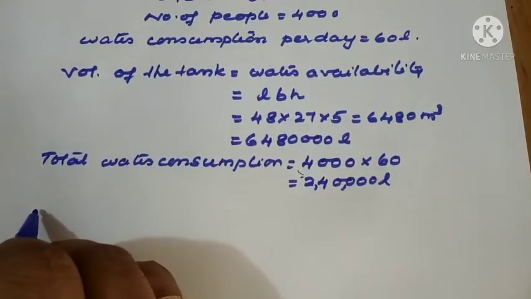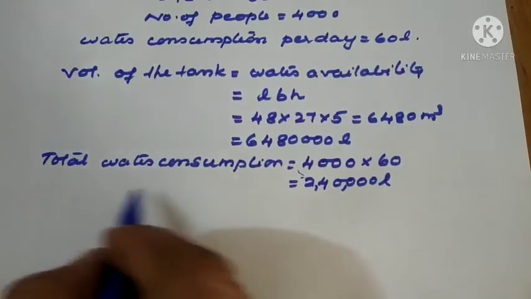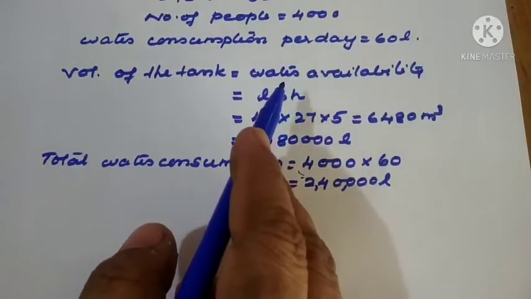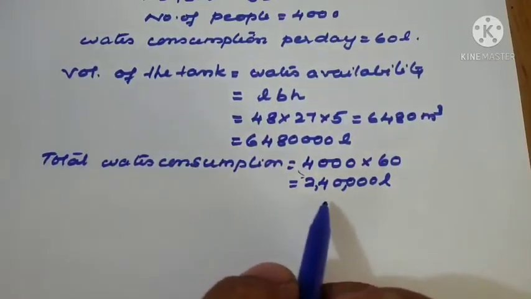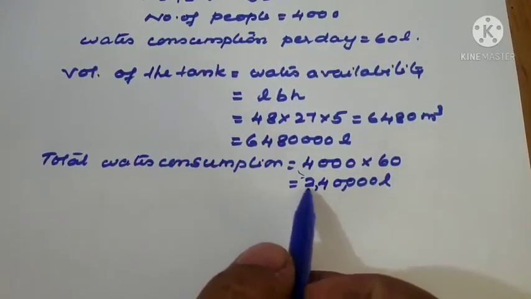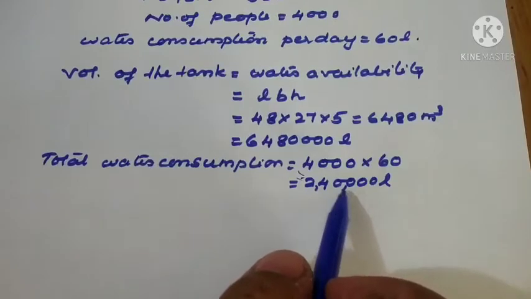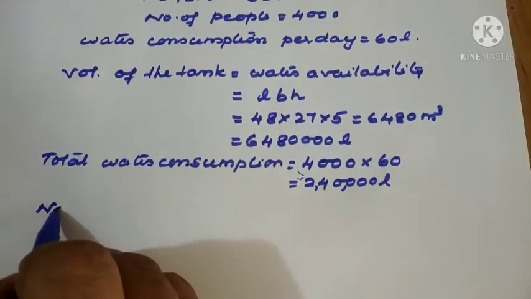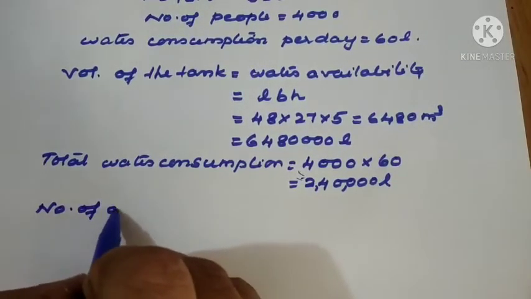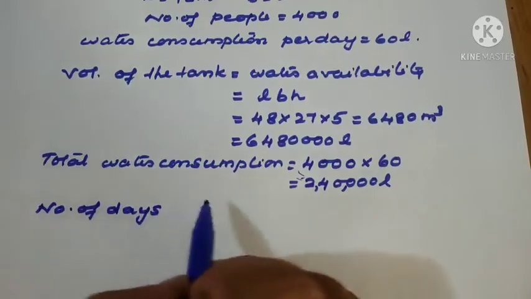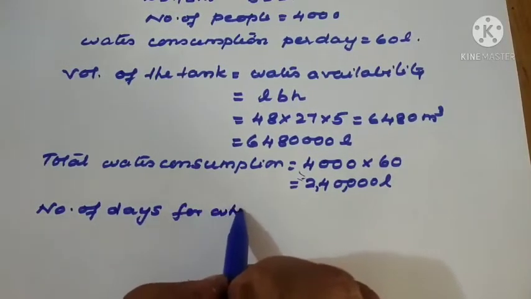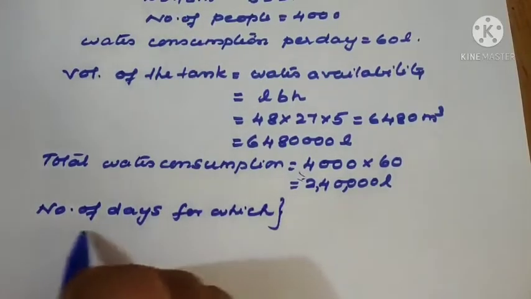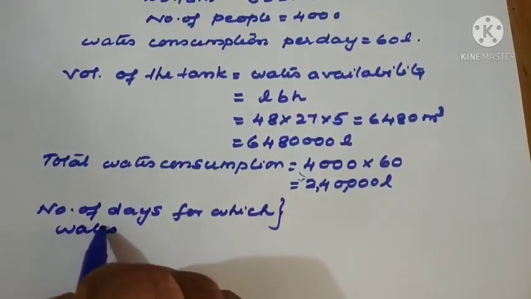Now the number of days for which the water is sufficient: the full tank of water is available, and from that the consumption per day is going on like this. So now you have to calculate the number of days for which the water is sufficient.